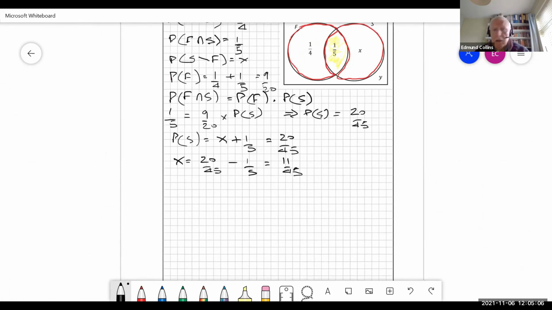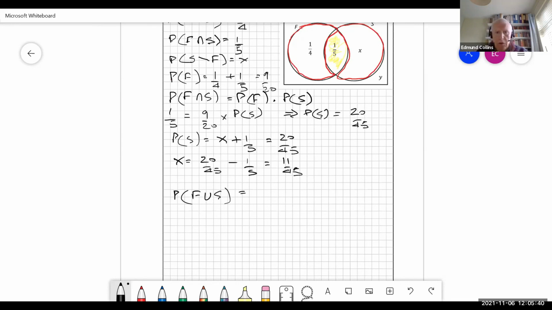So we want to find the complement y here. And that's the complement of f or s, f union s, if you like, the complement of those, the combined two circles there. So we can write this way. We know that we can use what we found already out, having found x.